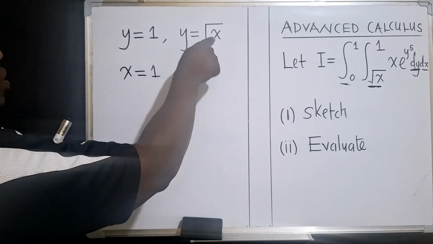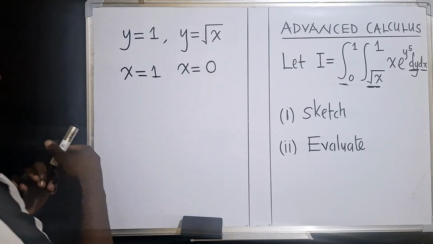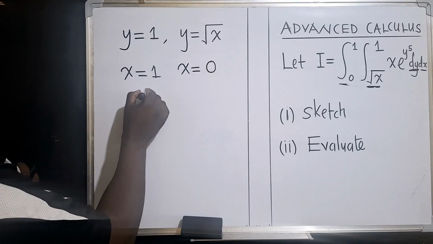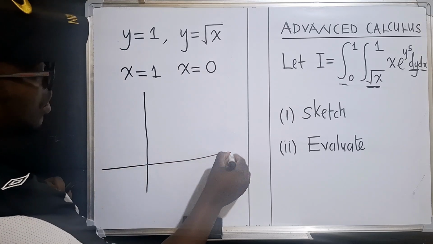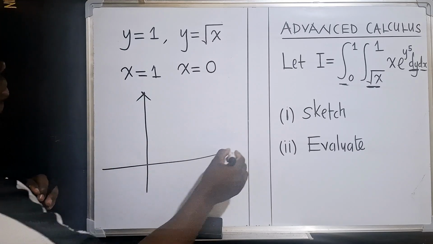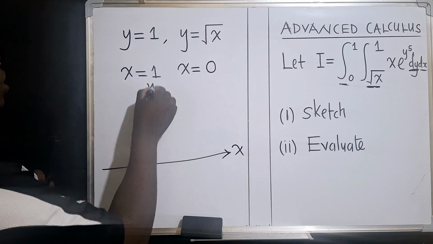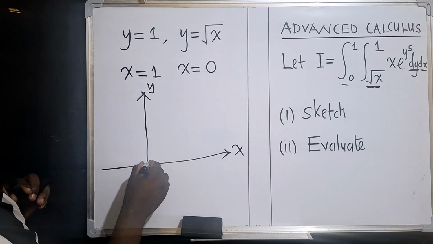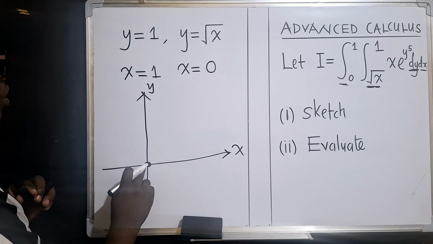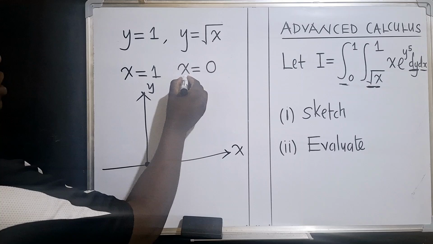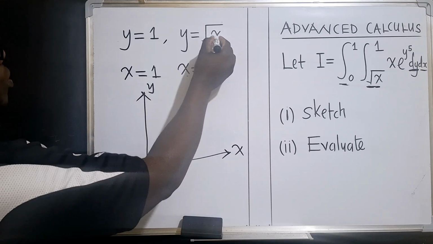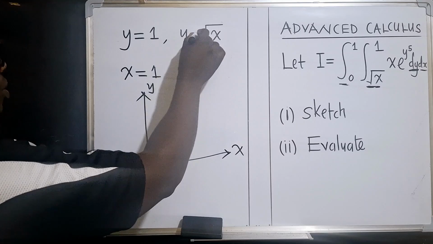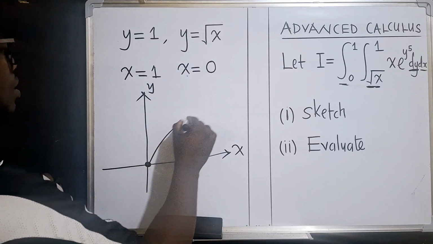The curve will look like this. We've got x and y axis. Automatically it will start from 0, because we know that x is 0. When x is 0, y will also be equal to 0. So this will move like this.